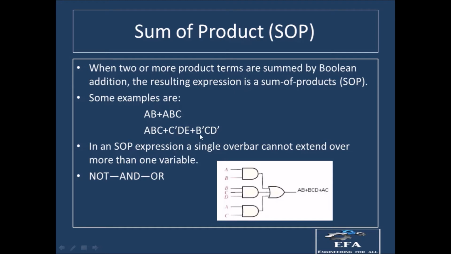So there will be three NOT gates for converting B, C and D into their complements. After getting the complements, we use the AND gates. After the NOT gates we will have one AND gate for ABC, a second AND gate for C bar DE, and a third one for B bar C D bar. After getting the outputs from the AND gates, we will have the OR gate. So the hierarchy is NOT gate first, then the AND gate, then the OR gate.